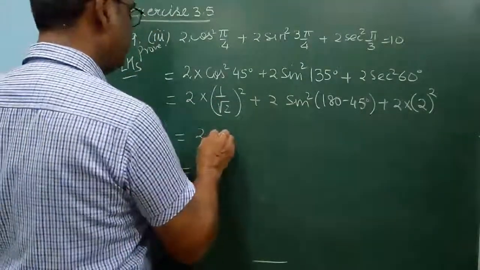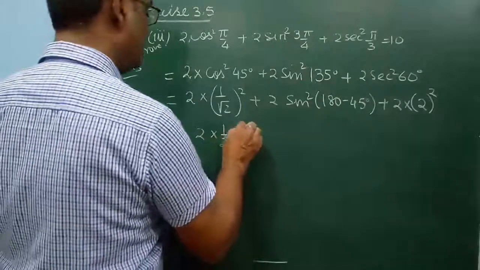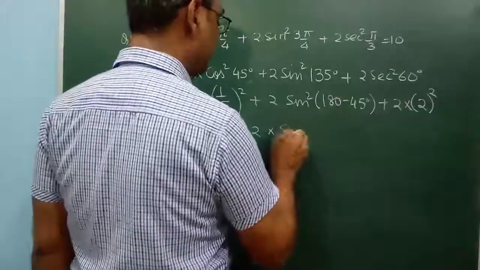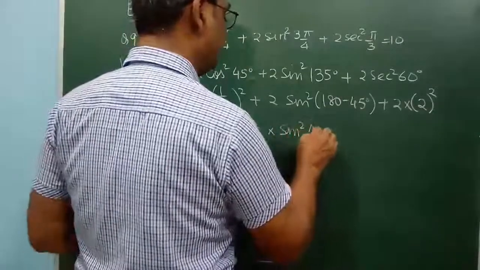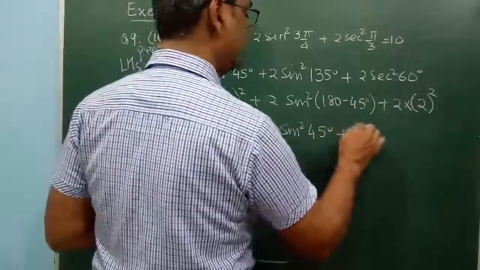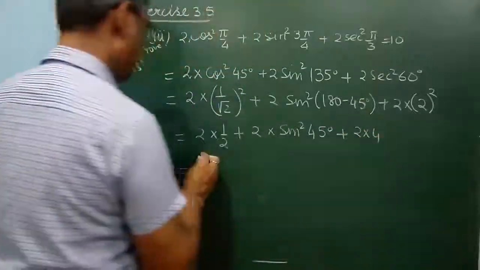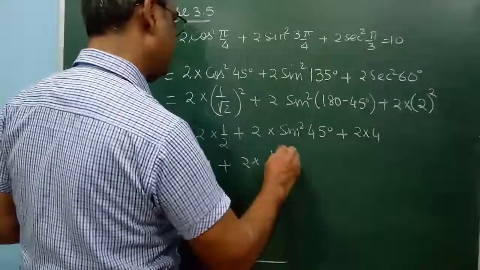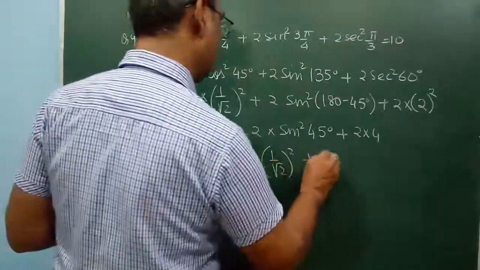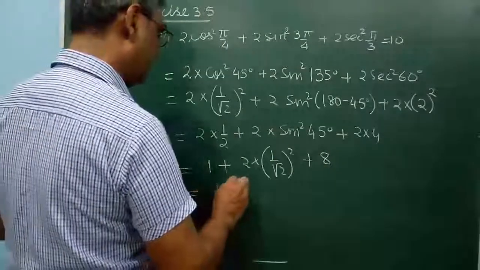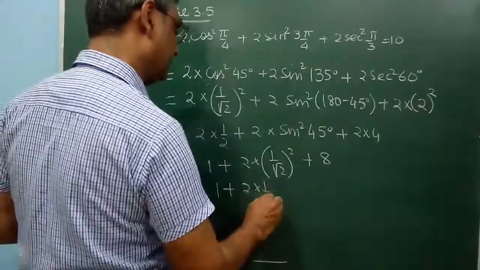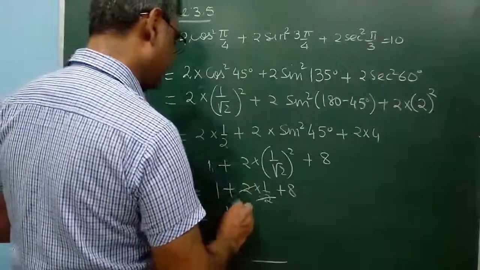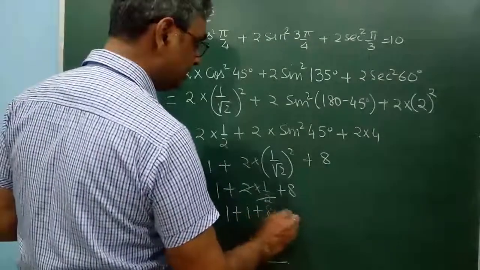How much is 2 into 1 by 2 plus 2 into sine square 45 degree plus 2 into 4 means 1 plus 2 into 1 by root 2 square plus 8. This is 1 plus 2 into 1 by 2 plus 8. 2 got cancelled. So 1 plus 1 plus 8 equal to 10.